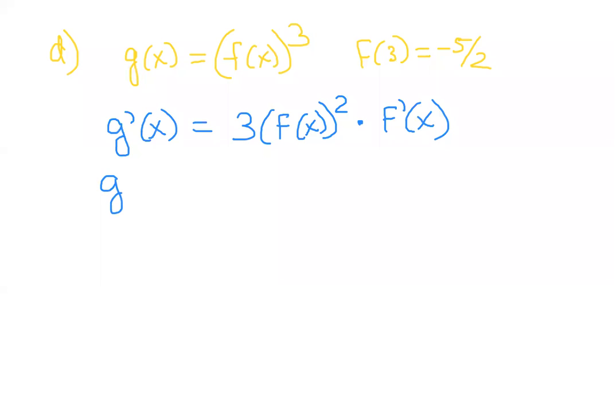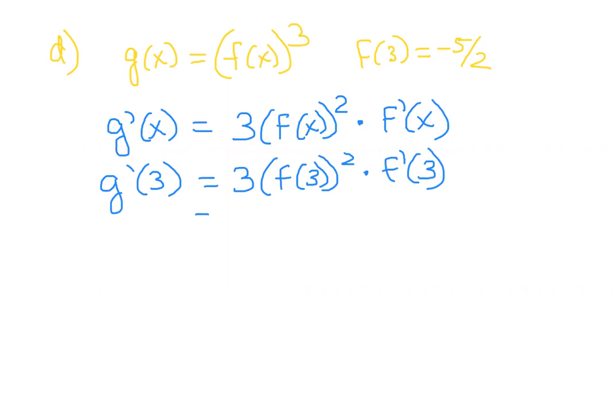And we're looking at g prime of 3, right? Yep. So it's going to be 3 times f of 3 squared times f prime of 3. Okay? Don't be afraid to write things out like this because it's going to be way easier. Because look, f of 3 is -5/2.